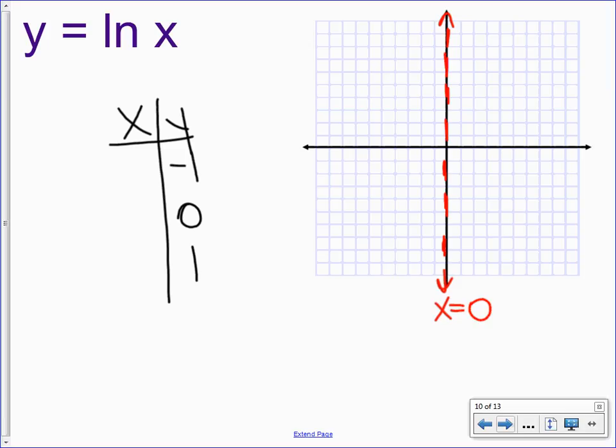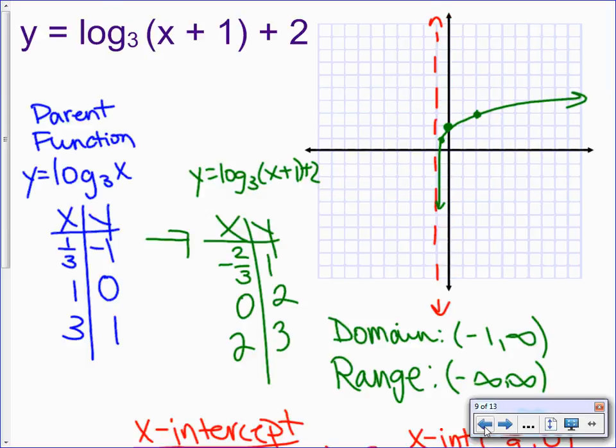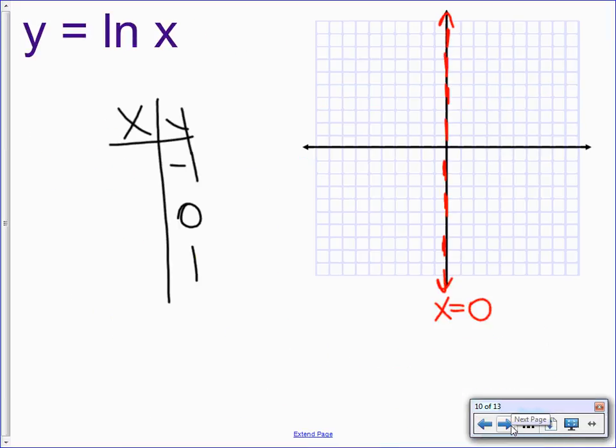Let's think of this in terms of e. What number would we put into the logarithm to get out negative 1? 1 over e.